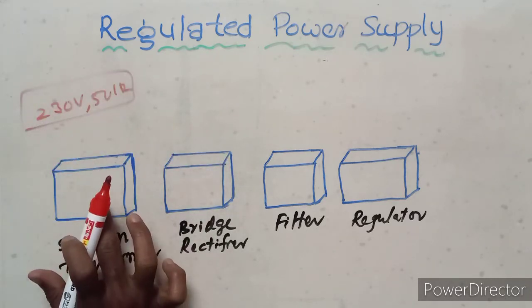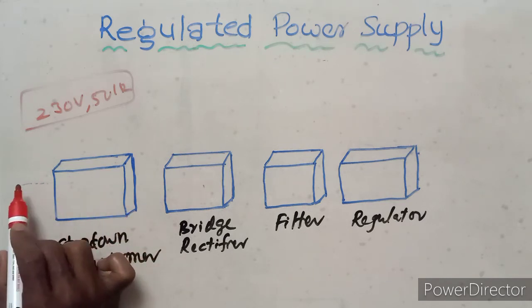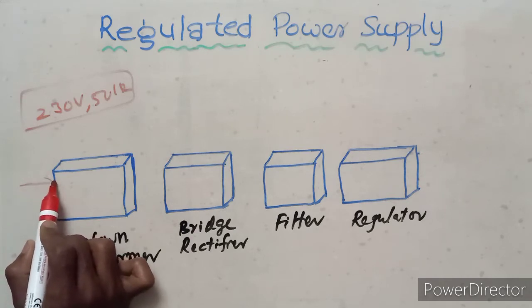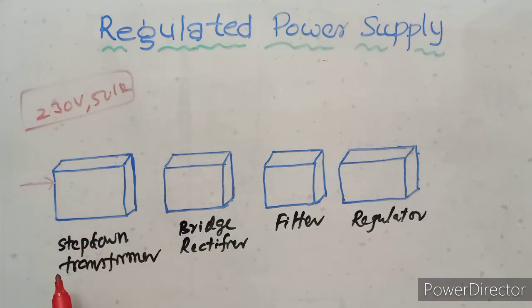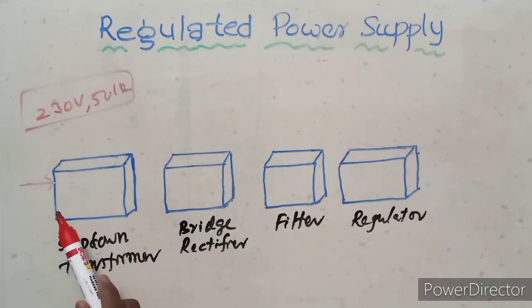The AC voltage is connected to the primary of the transformer. This is the primary of the transformer.